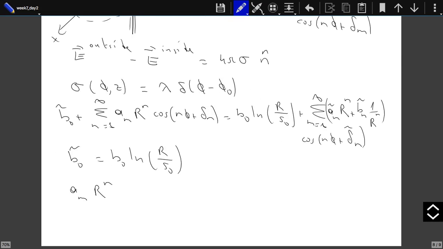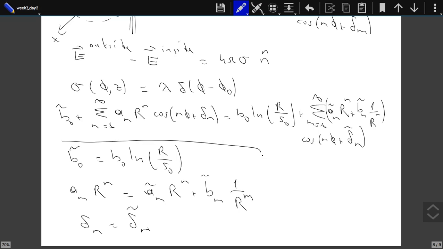And a m r to the power m is equal to a m tilde r to the power m plus b m tilde 1 over r to the power m, and delta m is equal to delta m tilde. Otherwise, the equality will not hold for all values of phi. So this is one relation between our two sets of parameters. Now we need to find one more relation between these two sets, the A parameters and the B parameters.